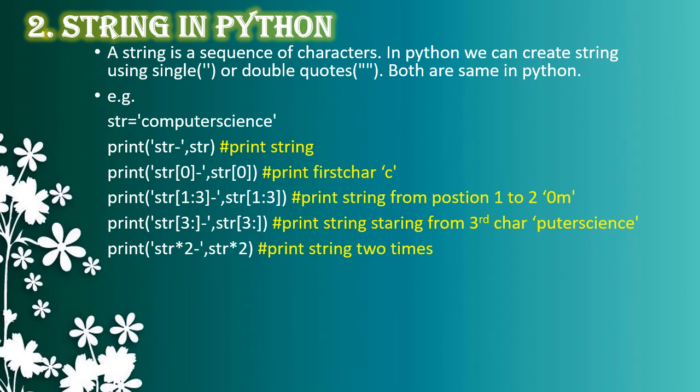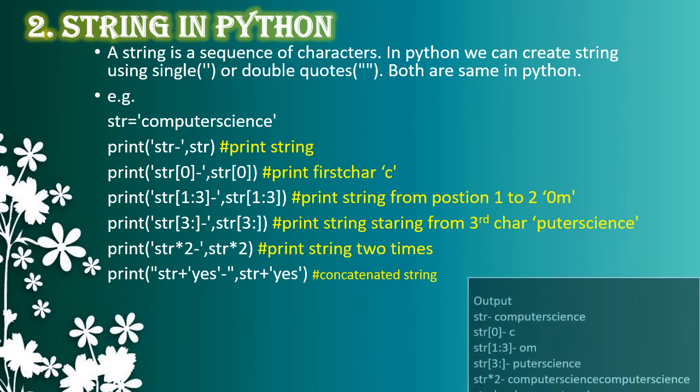And str star 2 means the same string will be repeated 2 times. And if you use the plus operator on strings, it will concatenate to join the strings. Computer science with yes, it will be concatenated.